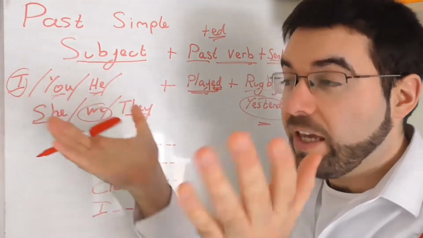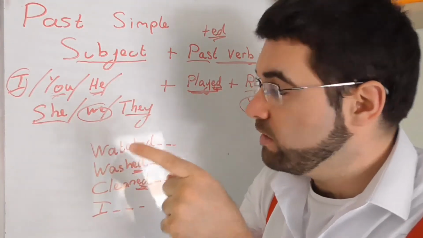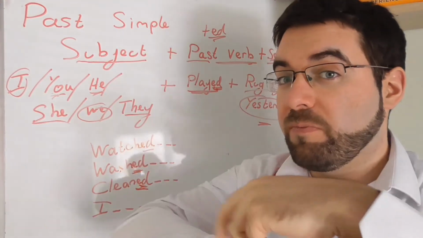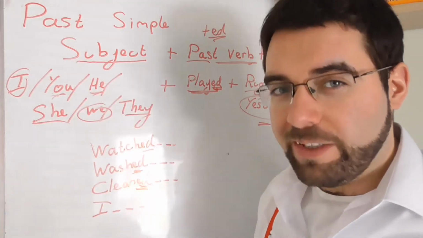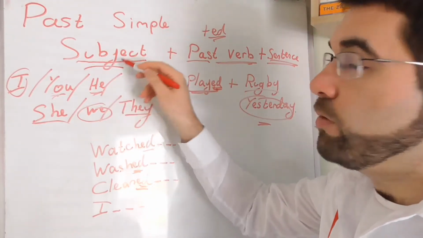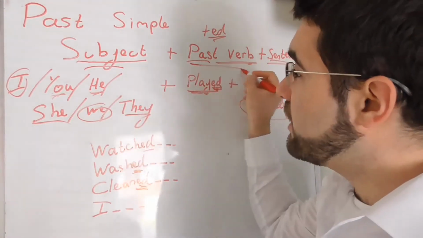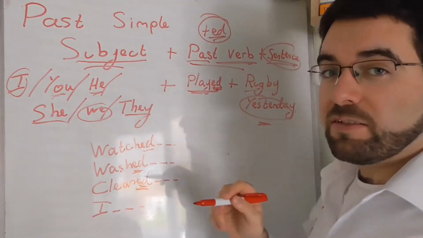They, what did they do? They walked their dog to the park. How cool is that? Look again, so subject, who the sentence is about, past tense verb with ed and the rest of the sentence.